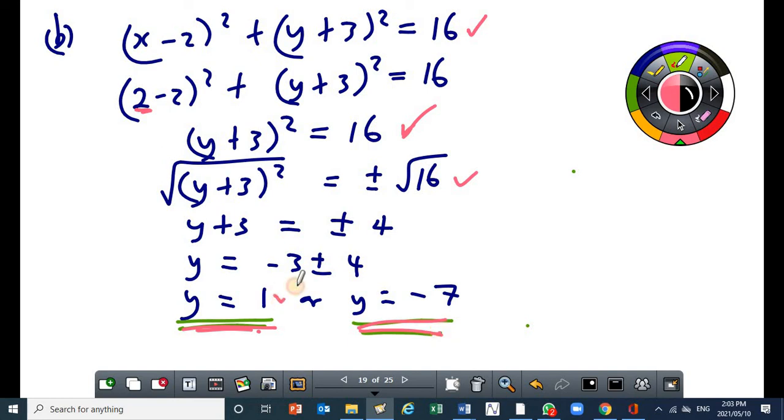So these are the 2 equations of the tangents. The gradient is 0. So this equation y equal to mx plus c, if the gradient is 0, means your equation will be y equal to c. Okay? So that's what we have there.